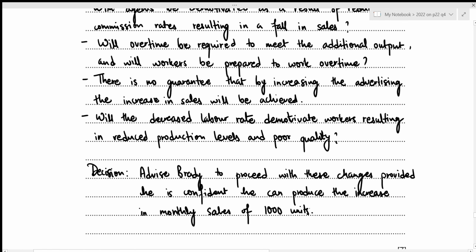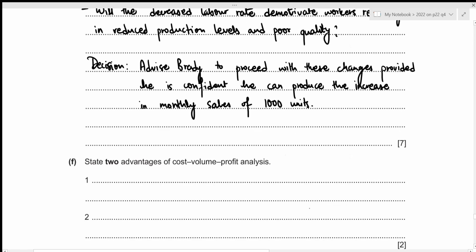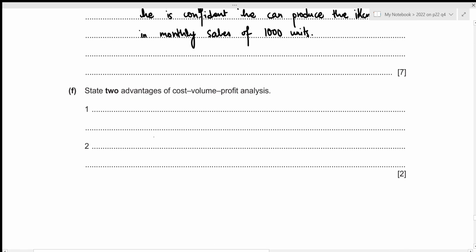Alright, this concludes the fifth part. We can now move towards the sixth one. We need to state two advantages of cost volume profit analysis. So the major advantage is that it facilitates short-term decision making. Let's write it down. Facilitates short-term decision making.